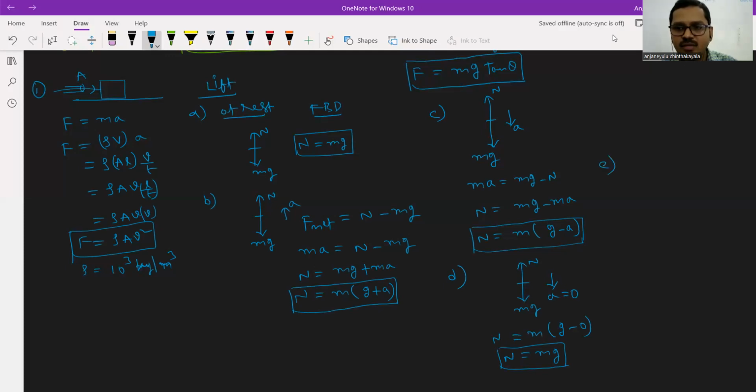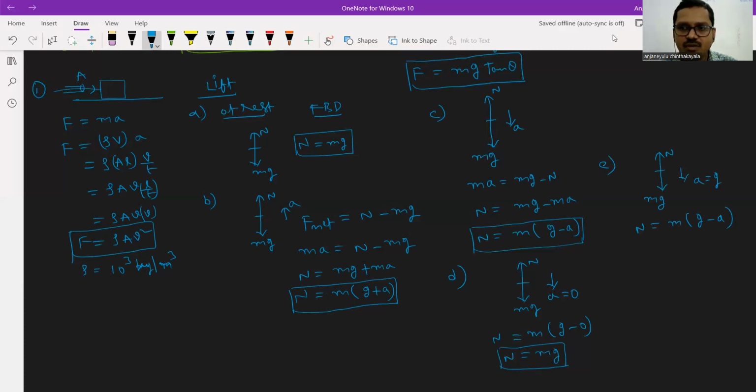Next, one more, last in this one. When the cable is cut, the elevator moves downward with an acceleration a equal to g. Then the apparent weight N is equal to m into g minus a.